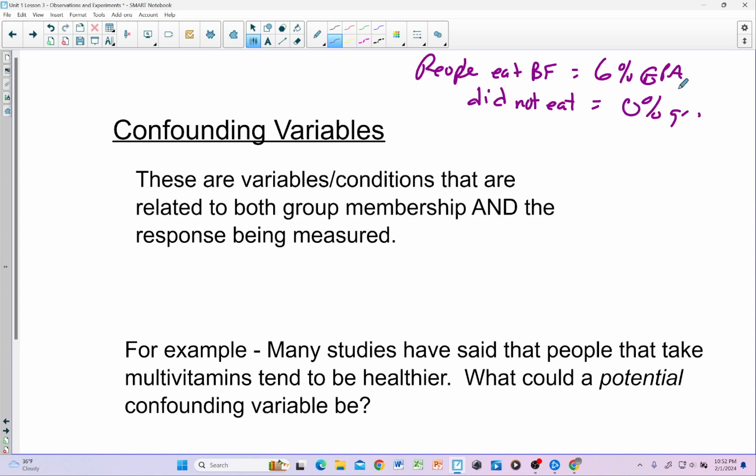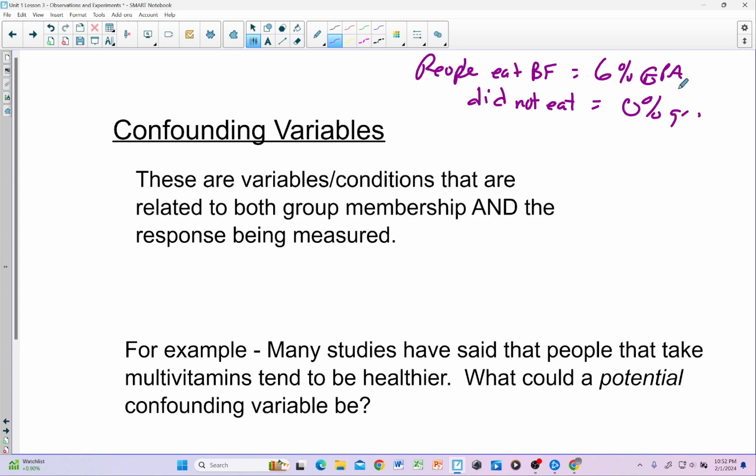Well, why is that? Let's think about it. People who take multivitamins care about their health. They care about their health, so they're more likely to think about exercise. They're more likely to do other things as well to be healthier, not just the multivitamin.